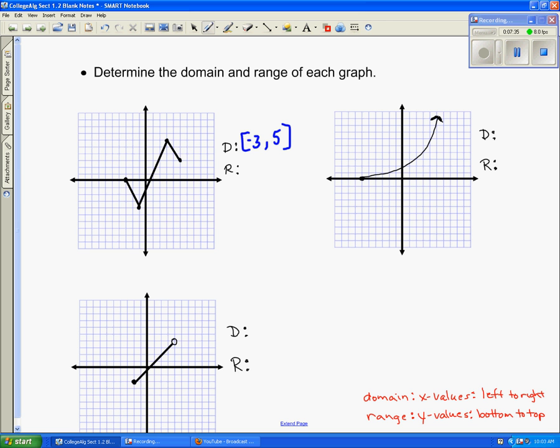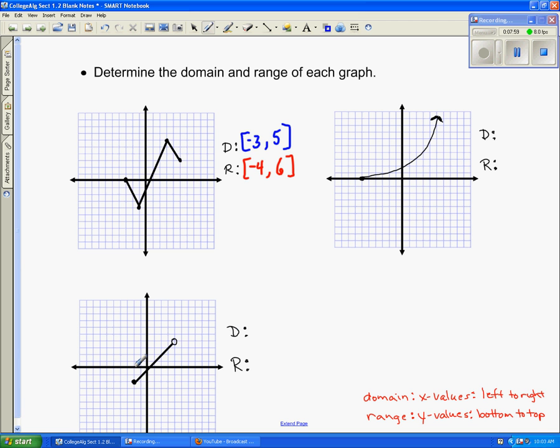Our range wants to know how far from the bottom. Our bottom point is here, which I calculate is going to be negative 4. And our top point is going to be here, and I count up, and it's going to be 6 units. So it's that. The domain of this next problem is going to be how far to the left.